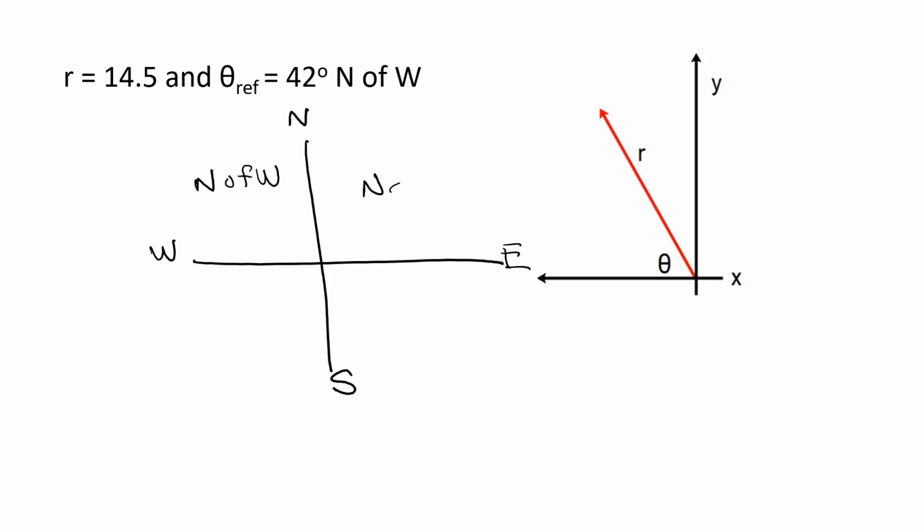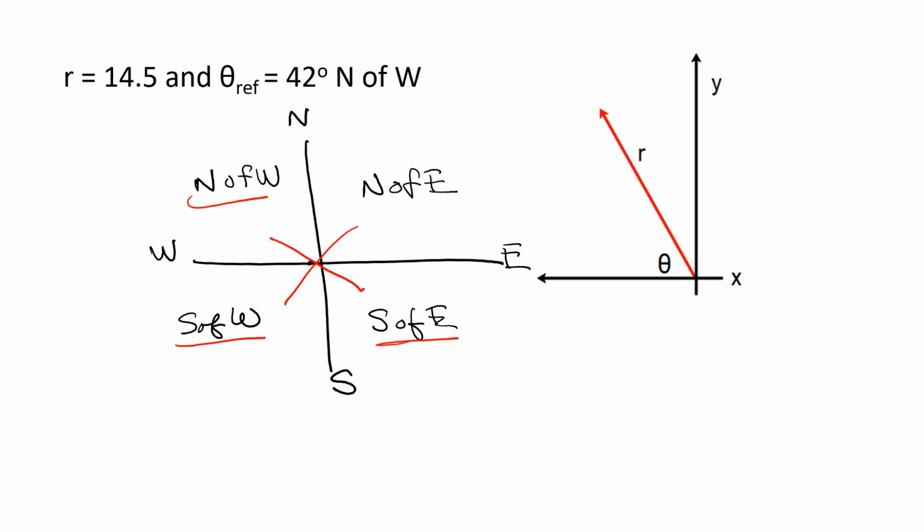We can use north of east, although it's kind of understood if you leave it off, south of east, and south of west when dealing with reference angles. If you're dealing with standard angles, you don't need these designations. You need these with reference angles, the ones that go between 0 and 90.